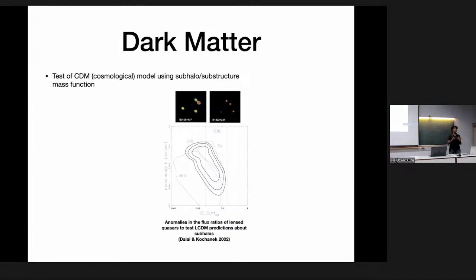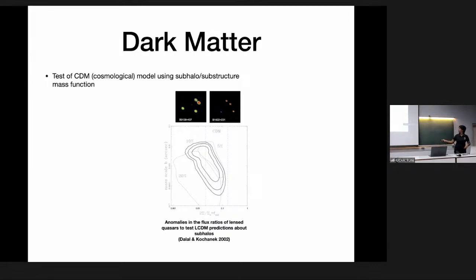There were perturbations in these images, and they attributed this to the presence of dark matter subhalos. A good fraction of these lens systems, observed in the radio, seemed to have what are called anomalous flux ratios, meaning the relative magnifications were deviating from our expectations. Using these systems, they tried to put constraints on the abundance of subhalos, and they found it is pretty much consistent with the cold dark matter model.